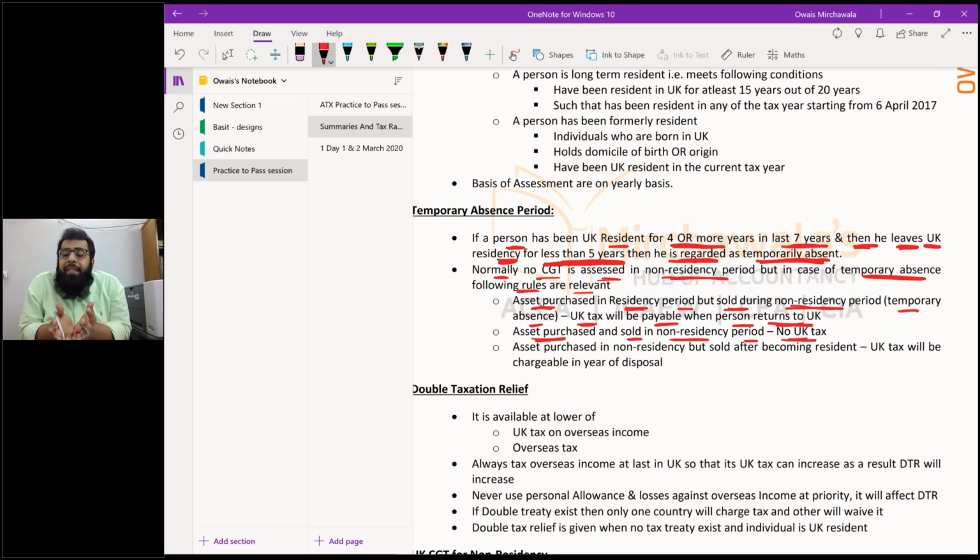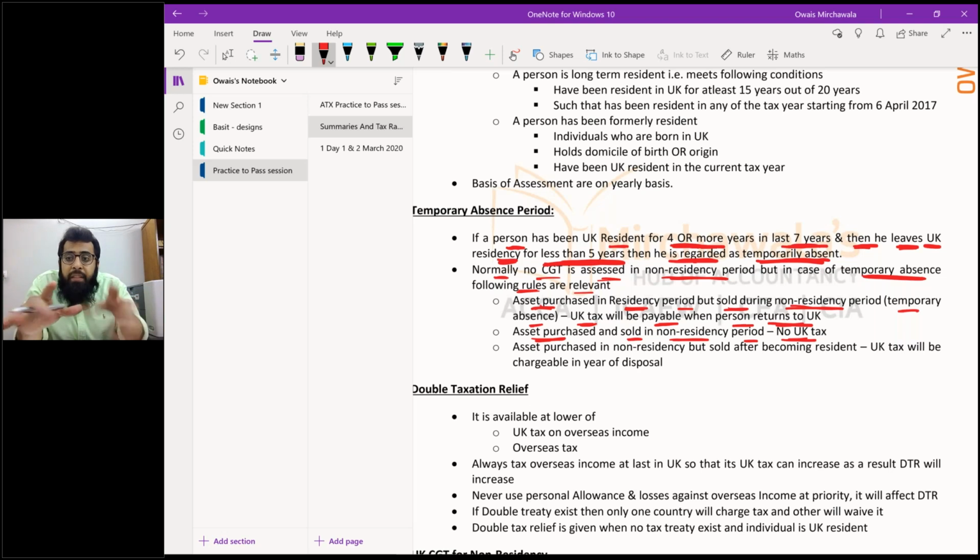What HMRC does is that they compare our old wealth statement with a new wealth statement. Basically, wealth statement means your asset position.